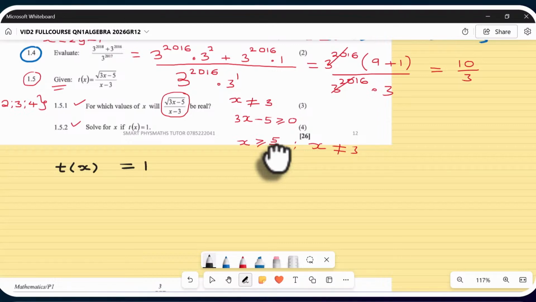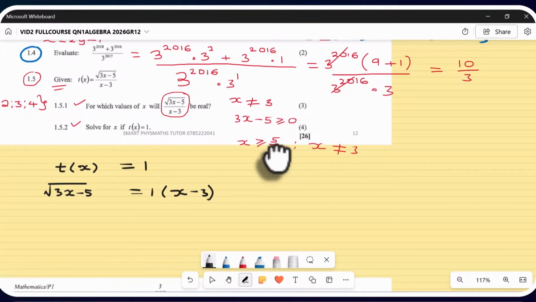And then the 9 plus 5, that is plus 14, equals to 0. So what are the factors here? Minus 7 and minus 2. So we have x minus 7 and also x minus 2.